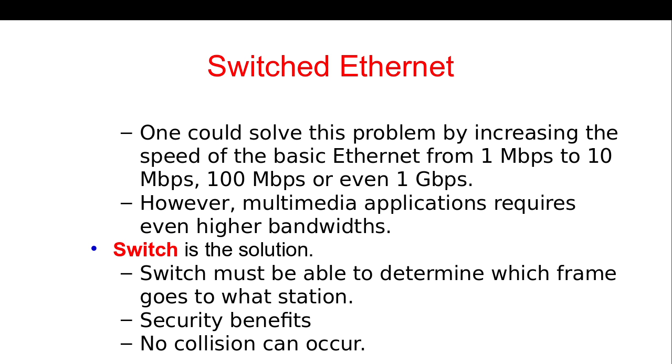Rather, as you have seen just now, the switch was the solution. In the case of a hub, the overall bandwidth was to be shared, and that's why somewhere there could have been some bottleneck or saturation, whereas the switch does not share the bandwidth among all the devices. It rather gives the whole bandwidth to a single device. That's why the switch was the solution.